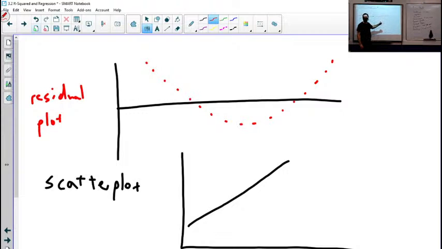If there's some clear pattern like that, then what that's probably telling me is that with my line of best fit, some of these points start above the line, then at a certain point they dip below the line, and then they go above the line again.